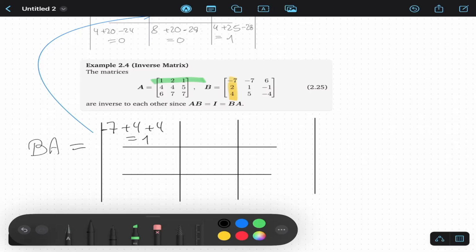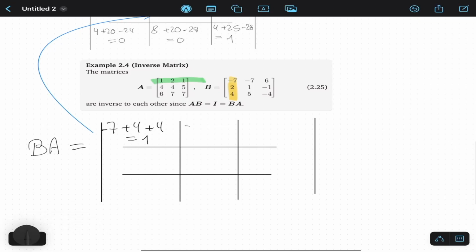So now we have to move yellow 1 to the right. And then we have minus 7 again. This time plus 2 and then plus 5 equals 0. We move yellow to the right again. Then we have 6 minus 2 minus 4 equals 0.